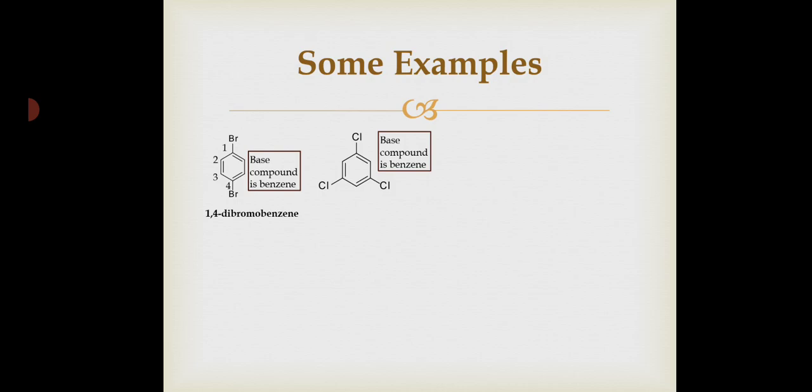So the numbering should be in this manner, and so we have chloro groups at 1, 3 and 5 positions. So what is the name of this compound? The name of this compound is 1,3,5-trichlorobenzene.